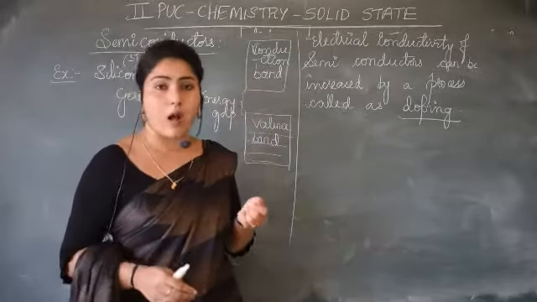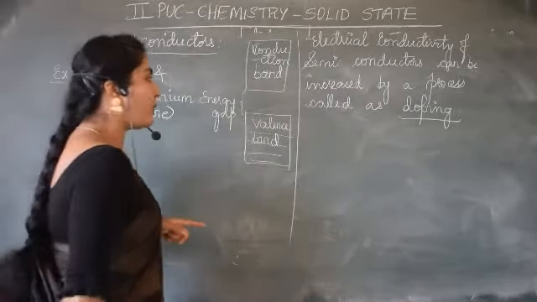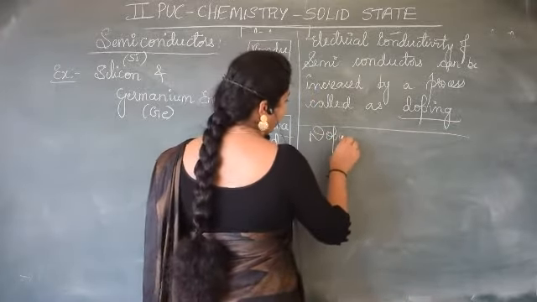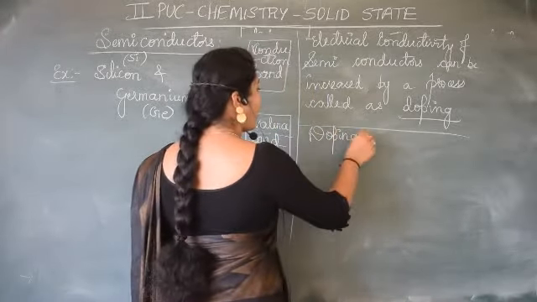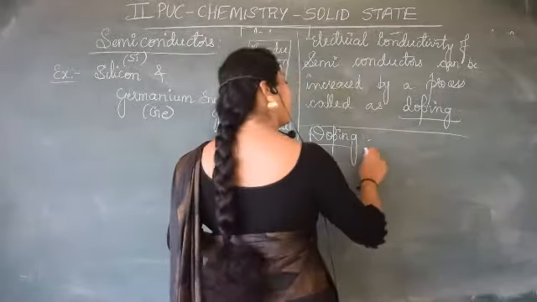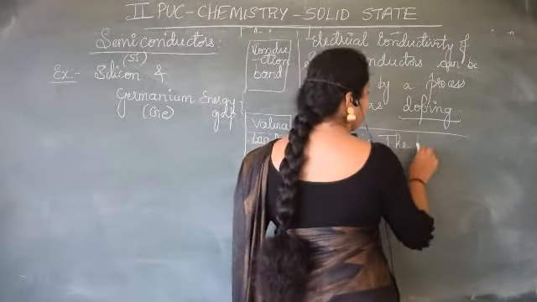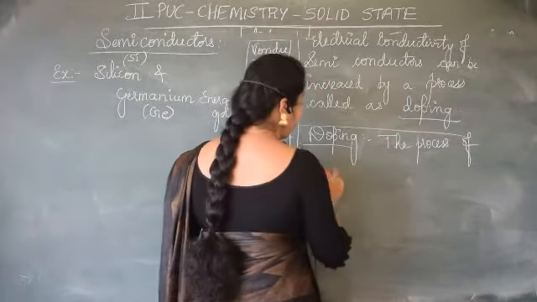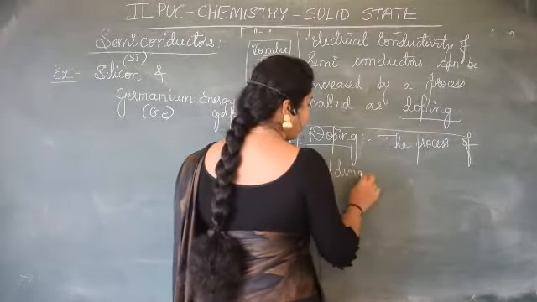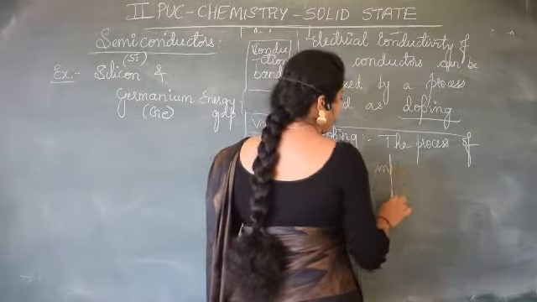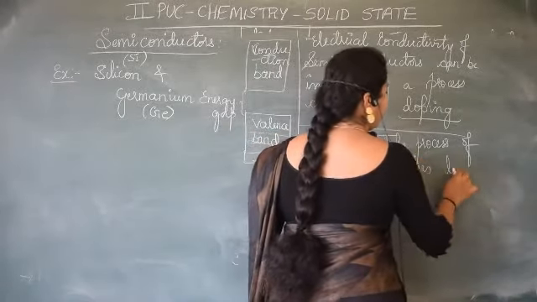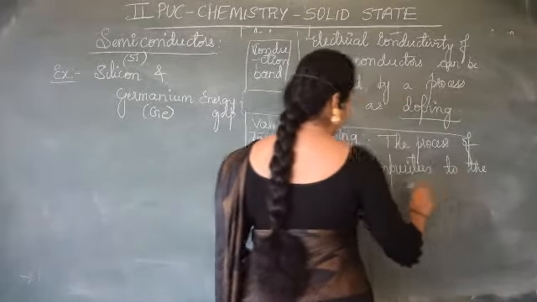Now let us see how. What is the process of doping? Doping definition: the process of adding impurities to the intrinsic semiconductor to increase its conductivity.